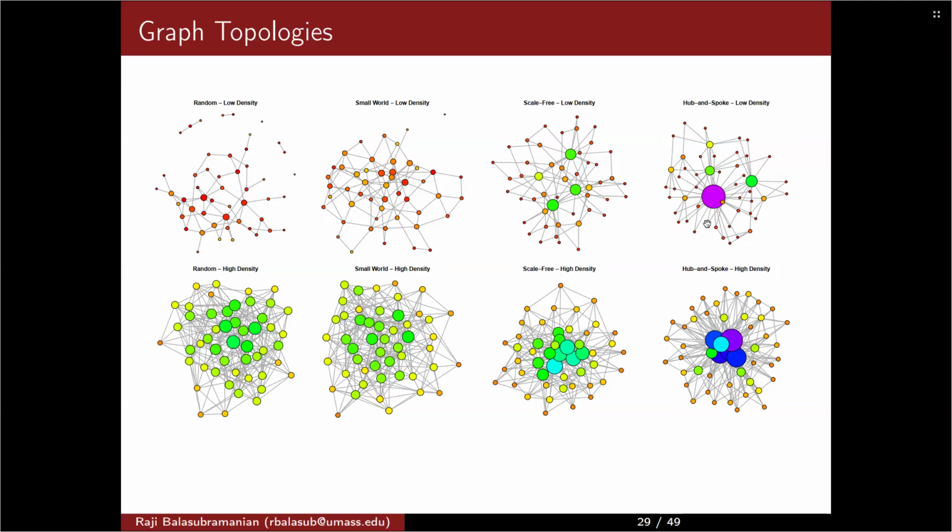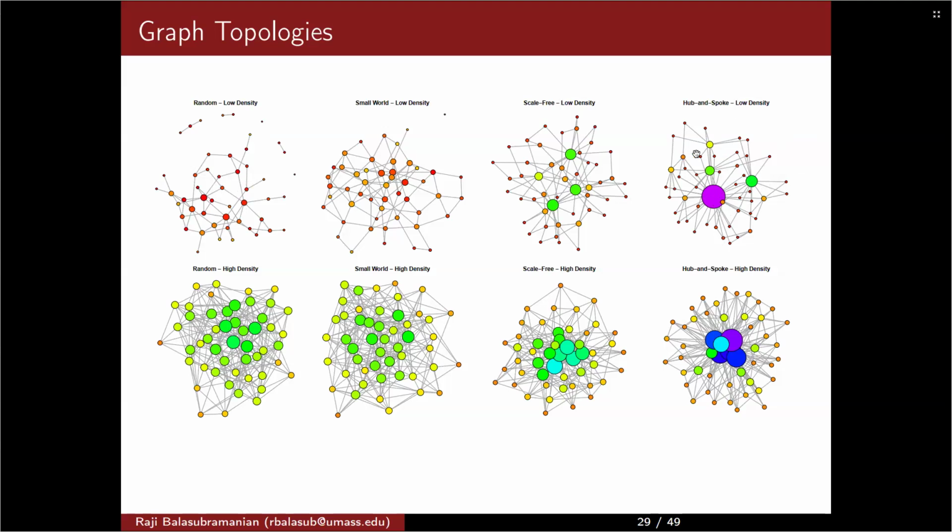Contrast this to something like this, which is a hub and spoke model. These networks are characterized by a few nodes that are connecting a lot of the other nodes in the network, whereas most of the nodes in the network have very few connections. In social networks, we all know people like that. There's always the person who knows everybody, and most people have a few friends, right?